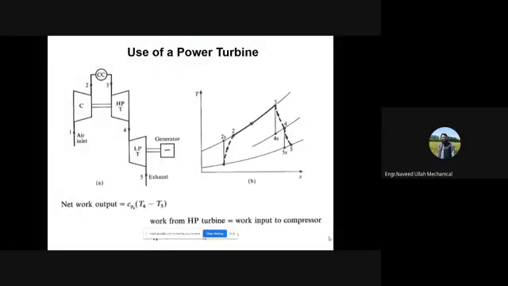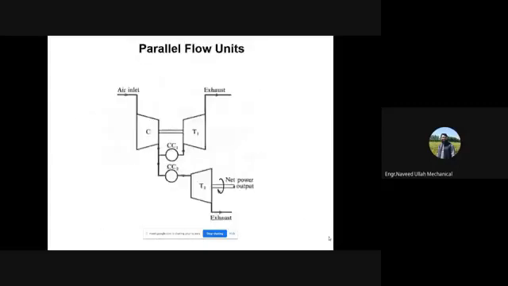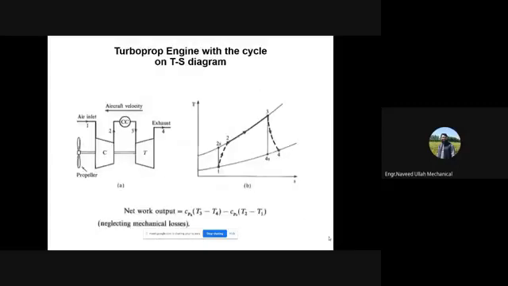Okay, so this is about the turbojet engine, and if you look at the turboprop engine, the propulsion mechanism is a bit different, right? Here conventionally the air is compressed to state 2, and then the combustion takes place, and we have high temperature, high pressure gases, and when they expand in the turbine, we have exhaust over here, right?